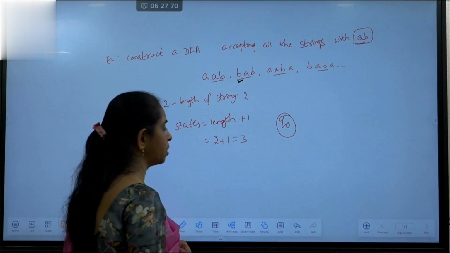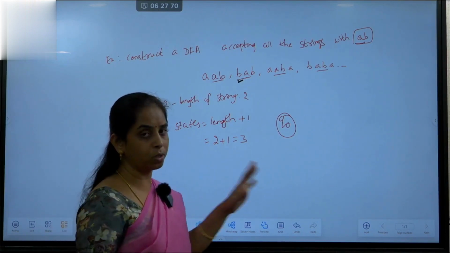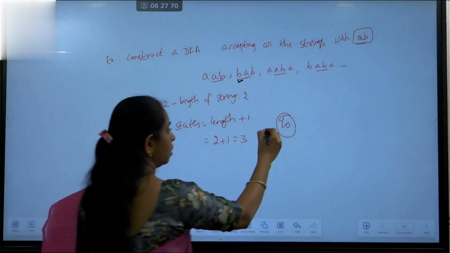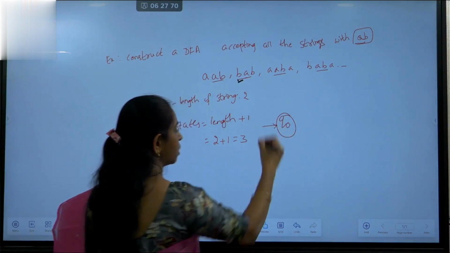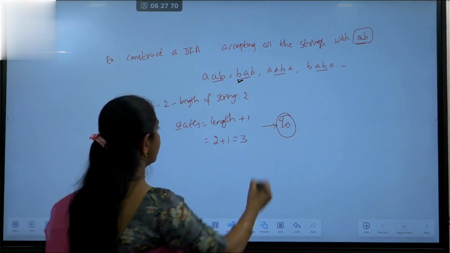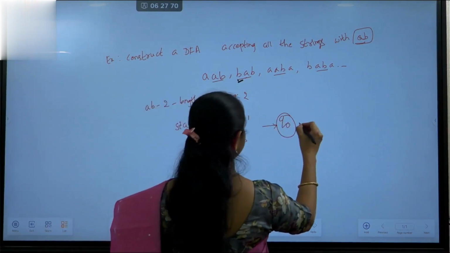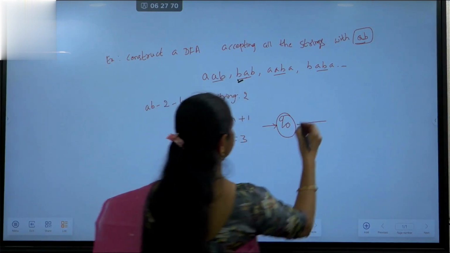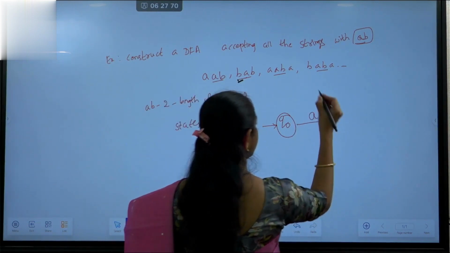Q0 is the initial state. I am always taking Q0, Q1, Q2, but that is not a condition. We can take any names, like A, B, C. So here I am taking Q0 as the initial state, accepting all the strings with AB.